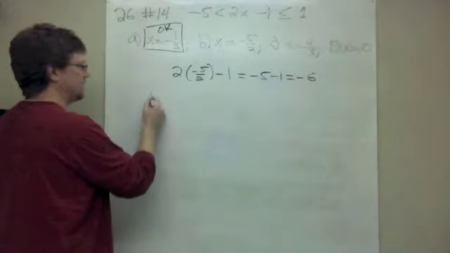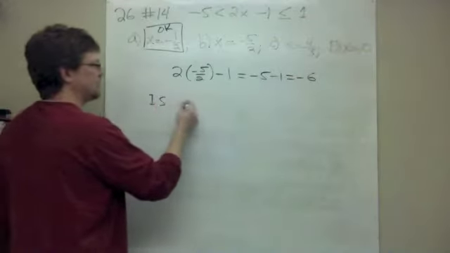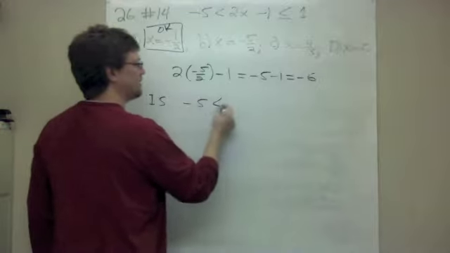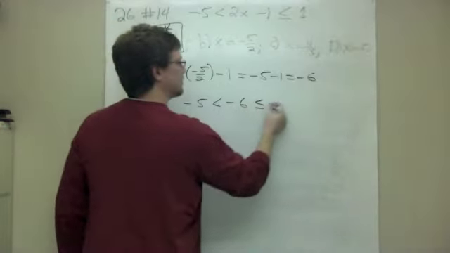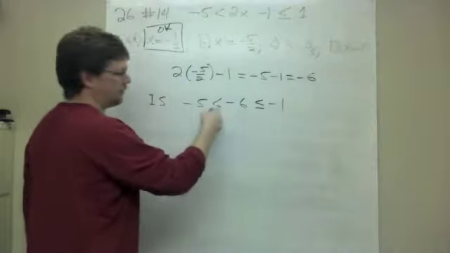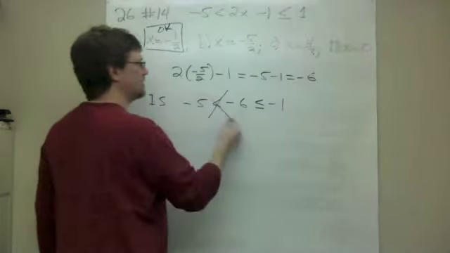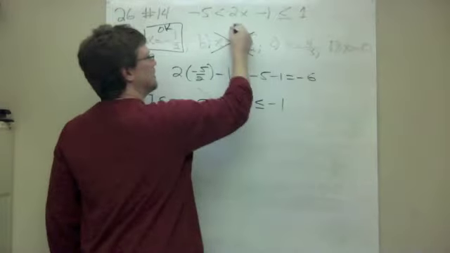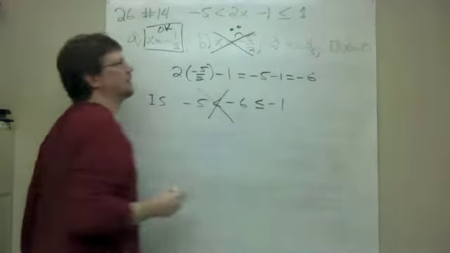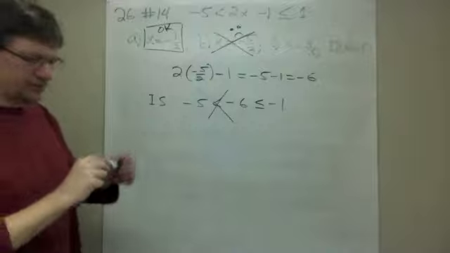So is negative 5 less than negative 6 less than or equal to negative 1? Well, no. Negative 6 is less than negative 5, so this fails. So that one's a bad one, that one's not true.